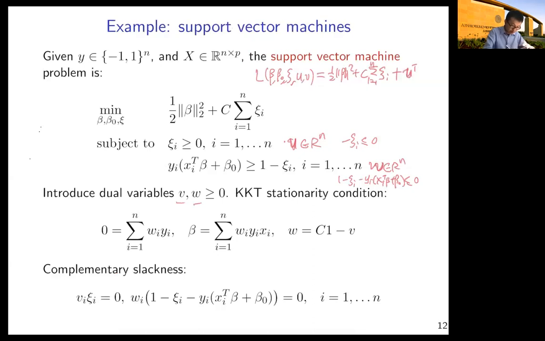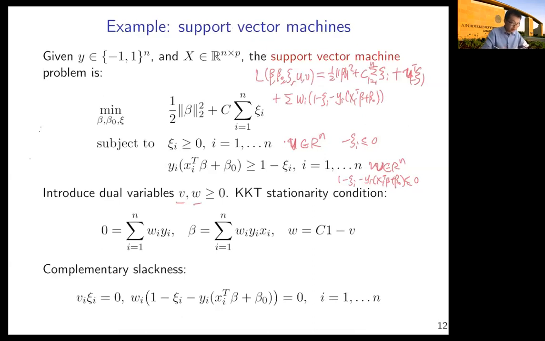Then we have v transpose times minus psi as a vector, and then we'll add the last variable corresponding to the last set of inequalities, which gives us the sum of w_i times 1 minus psi_i minus y_i x_i transpose beta plus beta_0. So that gives us the Lagrangian.